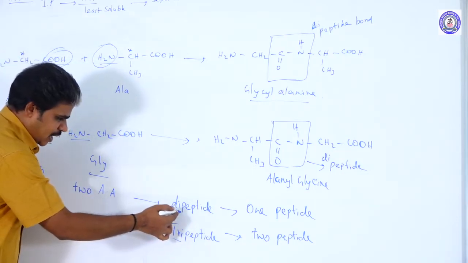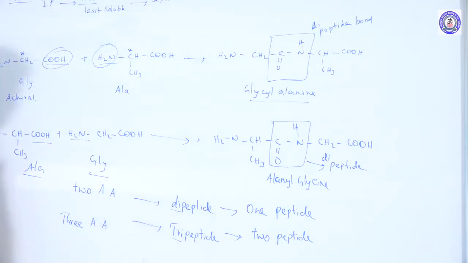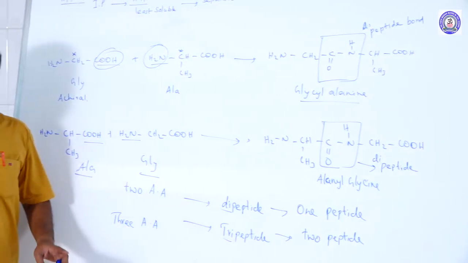So the tri and di represent the number of amino acids undergoing the reaction.